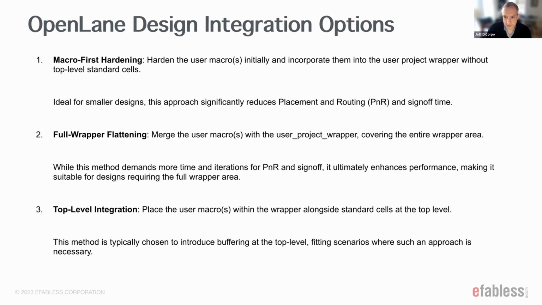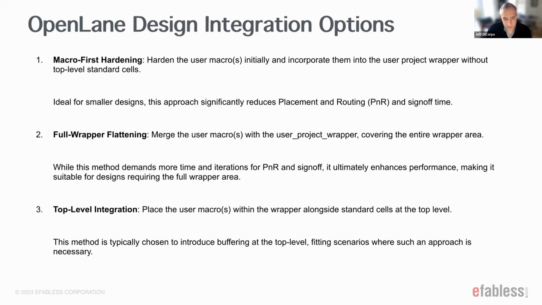File sizes are larger, sign off takes longer, and your iterations can take time. But it ultimately provides better performance, with the ability to fully optimize place and route, for designs where you have more challenging constraints or requirements.